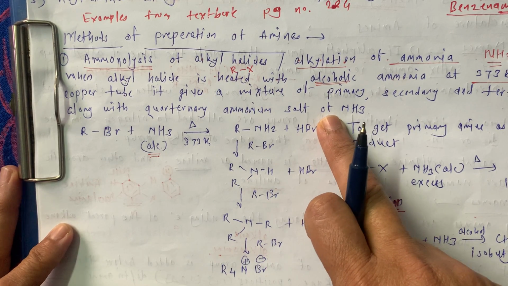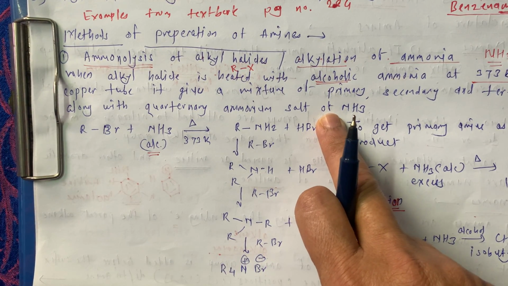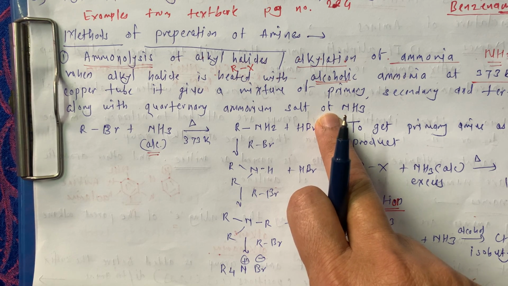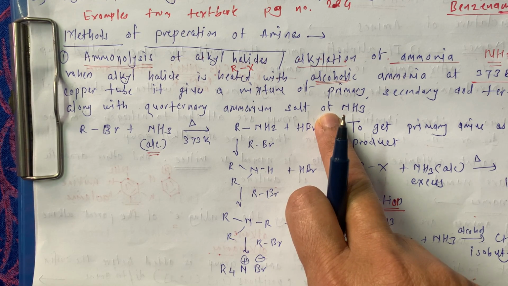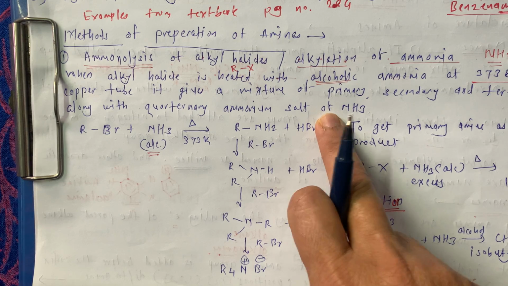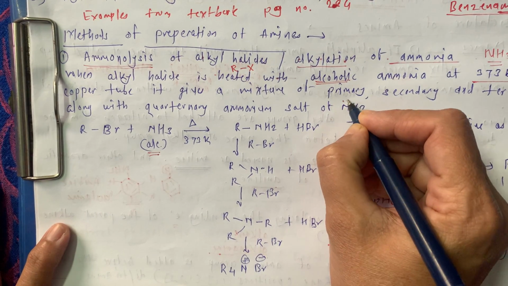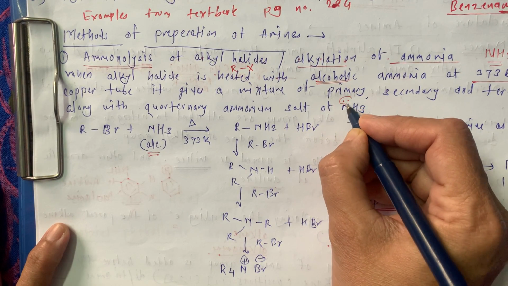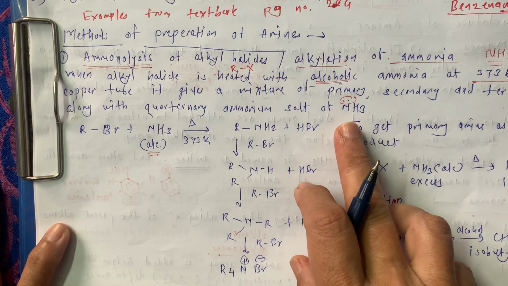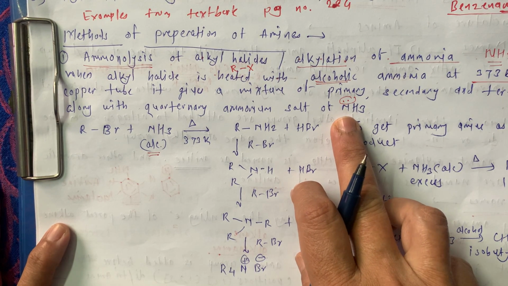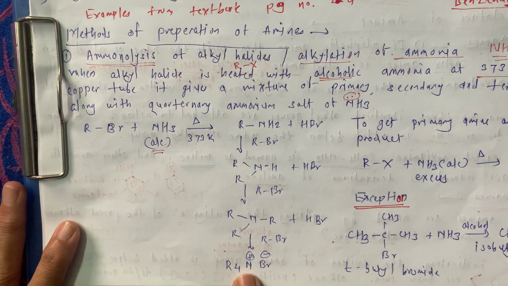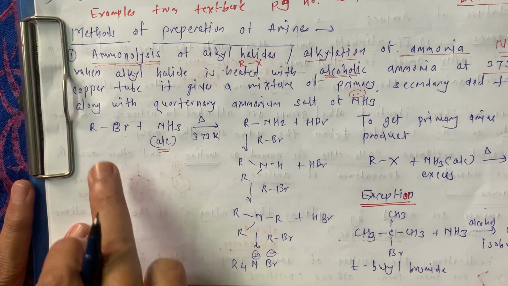When there is a salt, that N is carrying a positive charge. Quaternary ammonium salt means the lone pair of electrons on nitrogen also forms a bond, and that bond formation gives this N a positive charge.